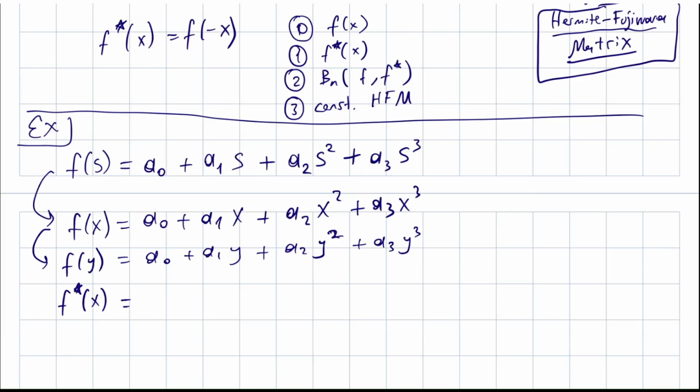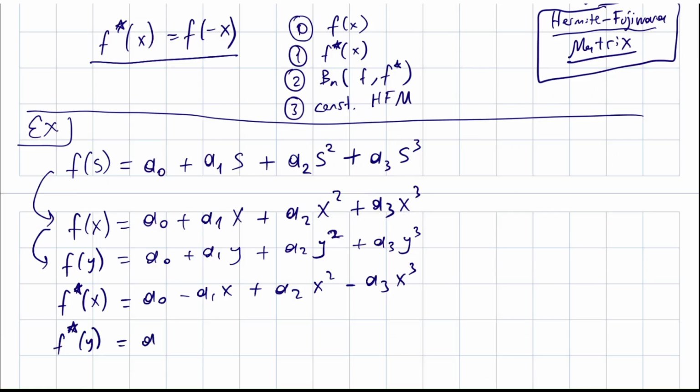What was the formula here? This is it. A0 minus A1 x plus A2 x squared minus A3 x cubed. And then f star of y, just substitute y for x. So we have f of x, f of y, f star of x, f star of y. Those four polynomials.